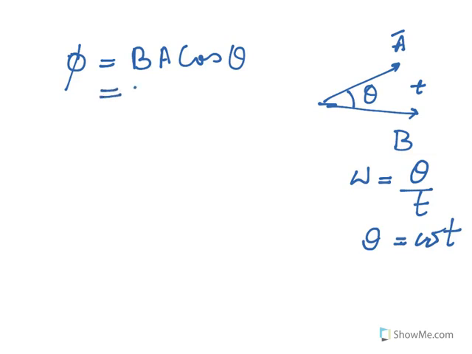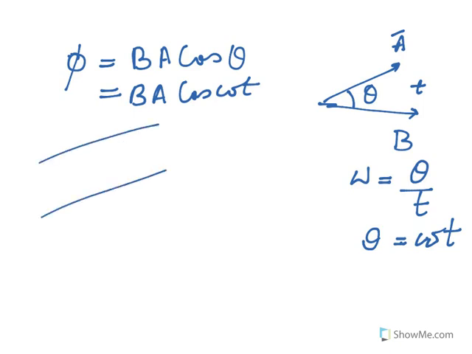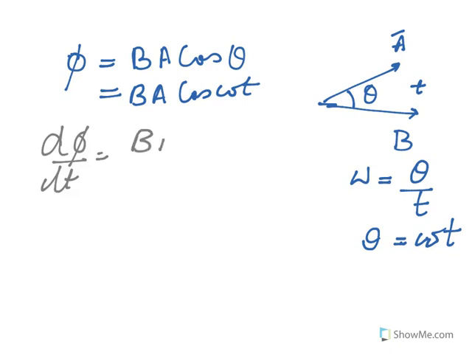So phi can be written as BA cos omega t. So d phi dt can be written as BA d by dt cos omega t.